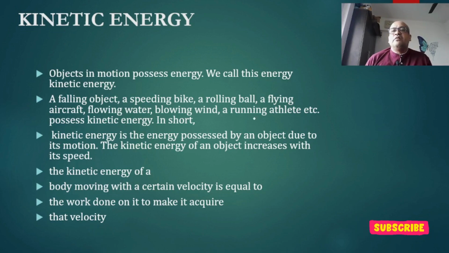A rolling ball, a flying aircraft, flowing water, blowing wind, a running athlete, all these possess what? Kinetic energy. In short, kinetic energy is the energy possessed by an object due to its motion.